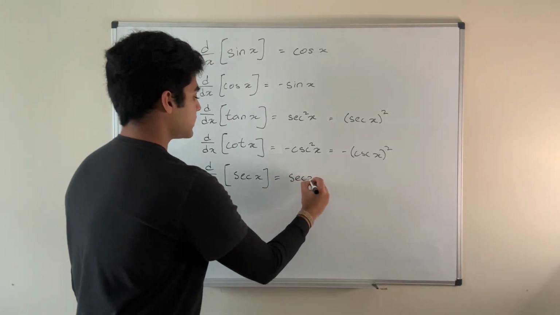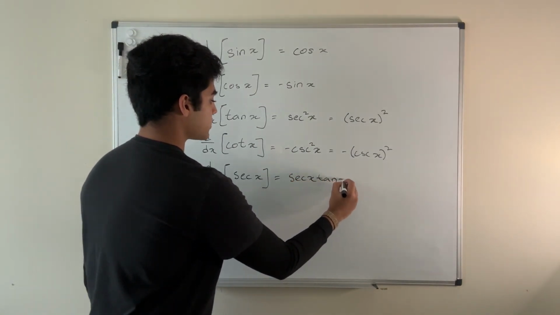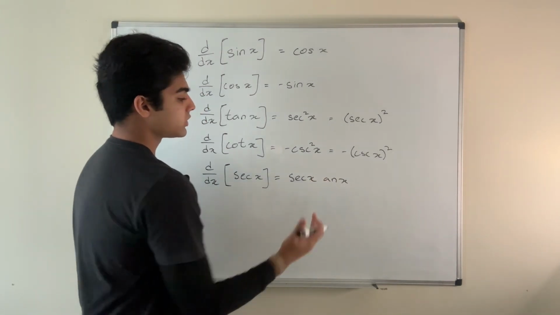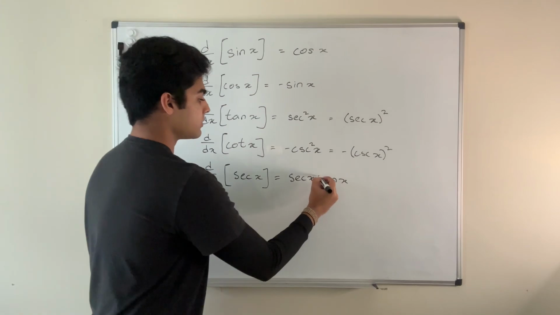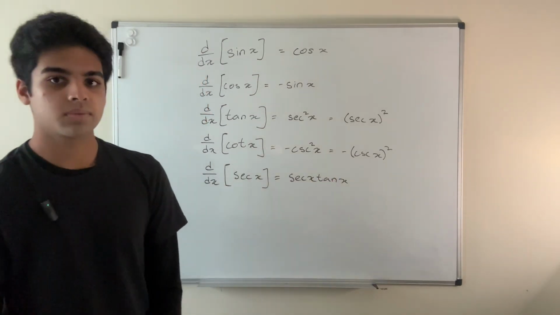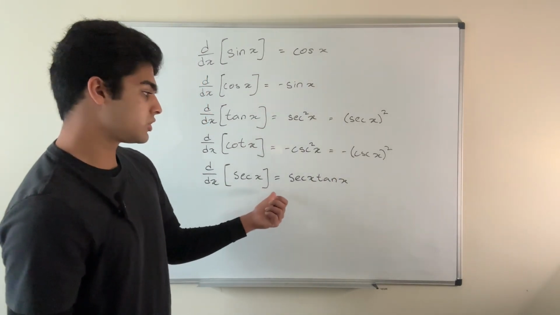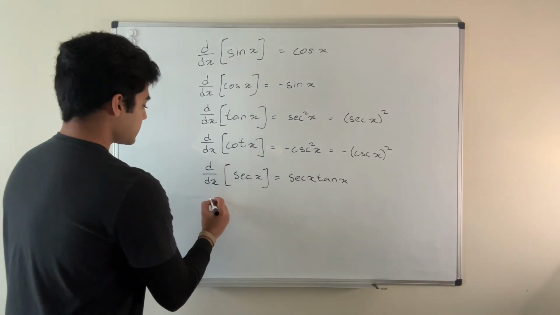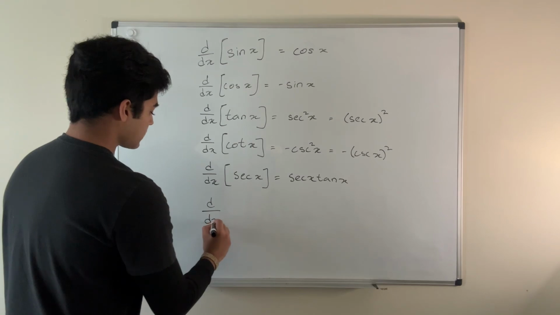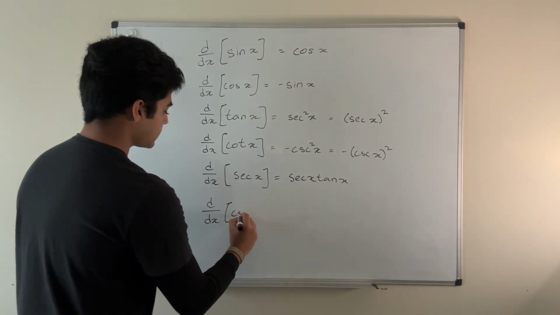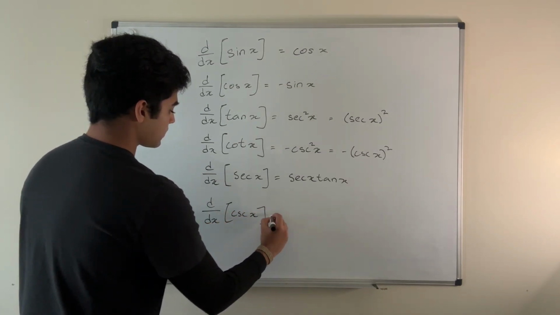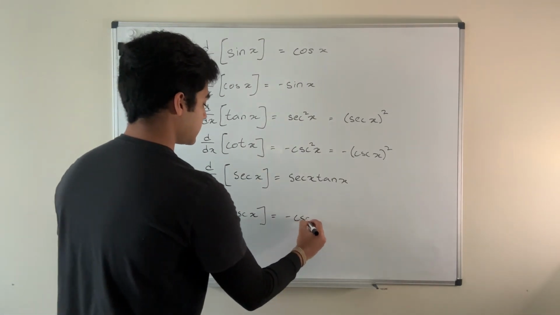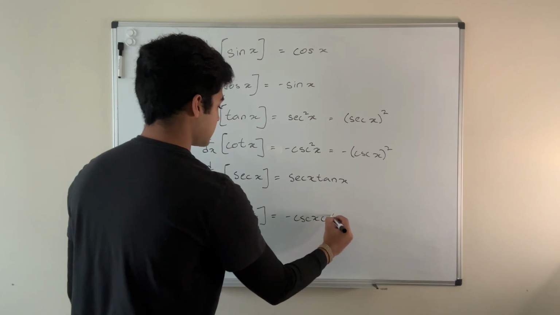And it's kind of weird to see one of its own functions in the derivative itself. But it's also the same way with e to the x, right? Because the derivative of e to the x is just e to the x. And with secant x, it's just secant x times tangent x. And then same thing for cosecant. If you're starting to see the pattern, you might be able to guess that it's going to be negative cosecant x cotangent x.